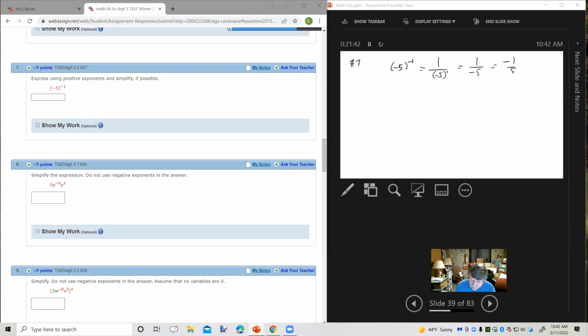We don't want to leave a negative sign in the denominator, so we either want to write it connected to the numerator or out in front of the whole thing. I'm going to go with this one. The way I write it, you probably won't even be able to tell. It's the same either way.